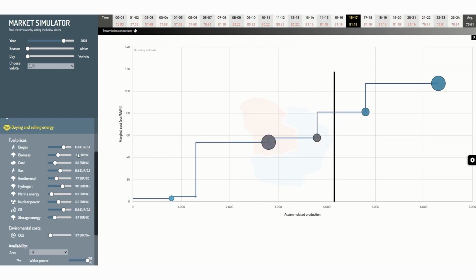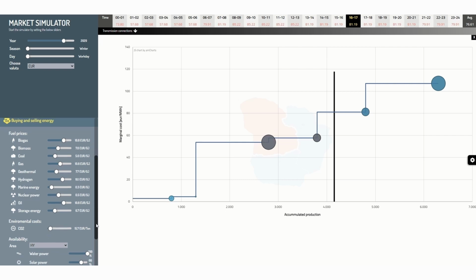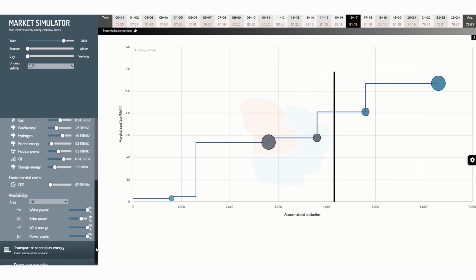So when I bid to the power exchange, I have to define the fuel costs and the cost of CO2. I also have to define the availability. If I go here to Ventimoler 1, VE1, all the units are in fact running at their maximum capacity.